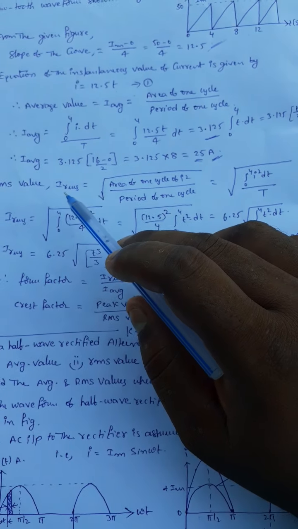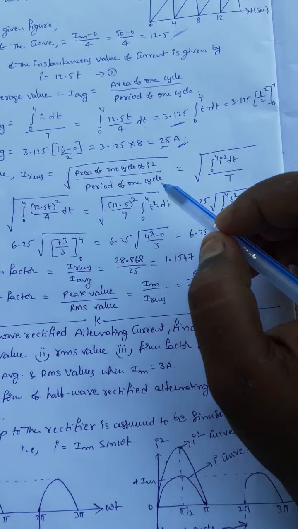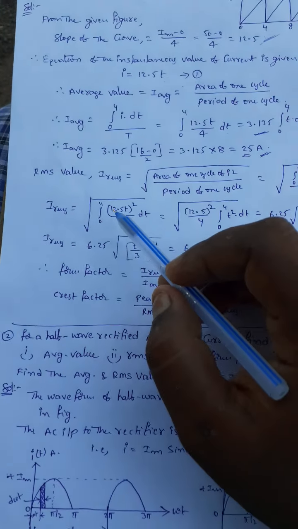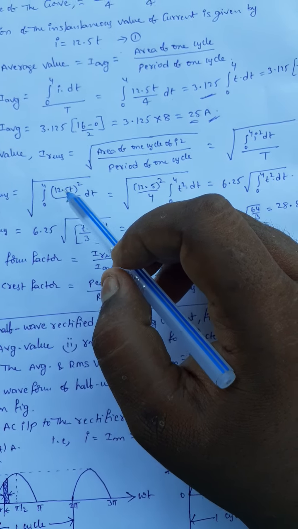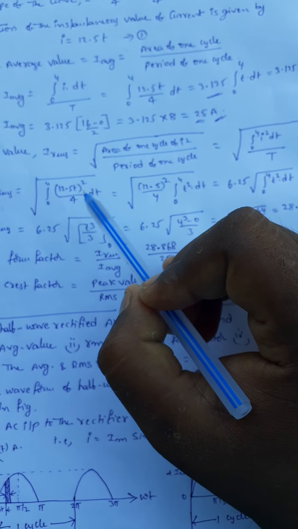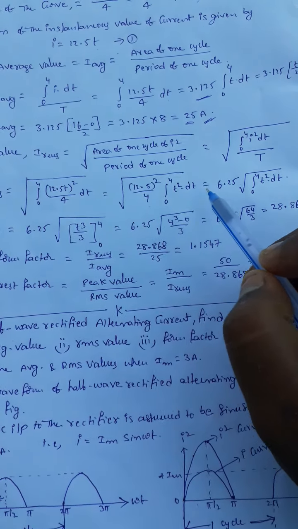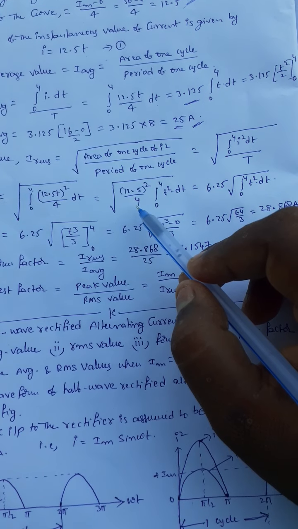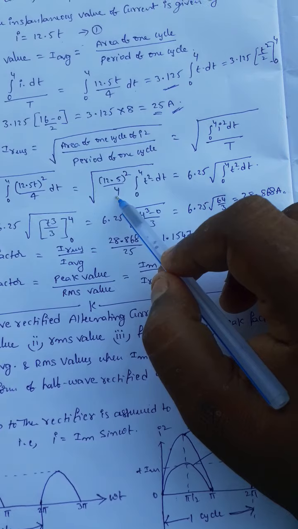Next, the RMS value. I RMS is equal to the square root of the area of one cycle of i square by the period of one cycle. That means the square root of the integral from 0 to 4 of i square dt by T. Here i square is (12.5 t by 4) whole square. So (12.5 by 4) whole square, I can write this as (12.5 by 2) whole square, that is 6.25 square.